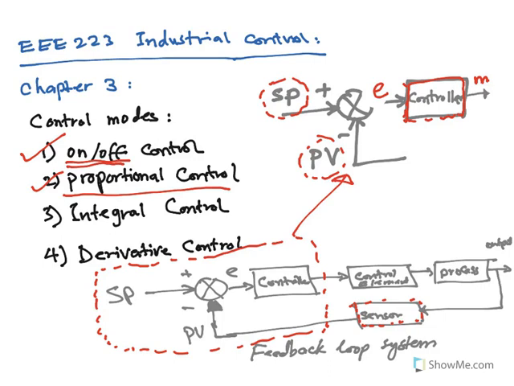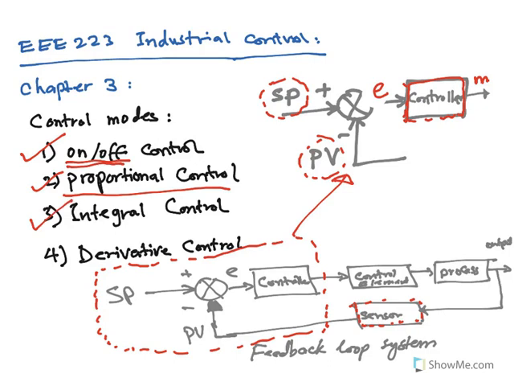The third controller is the integral control mode, which has the function of eliminating the error, or the offset which can be caused by the proportional controller.